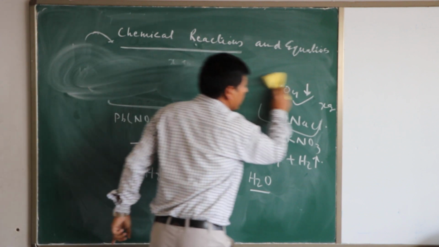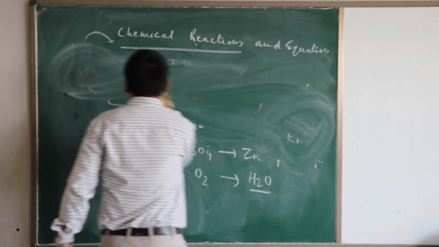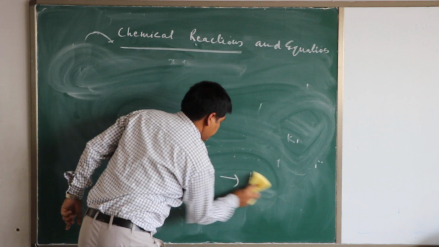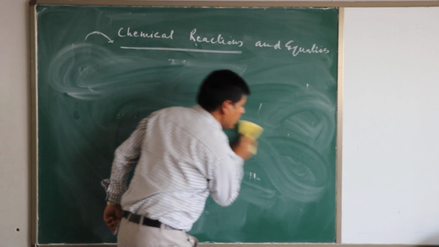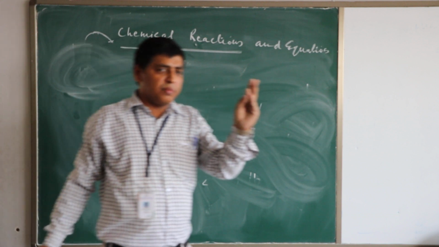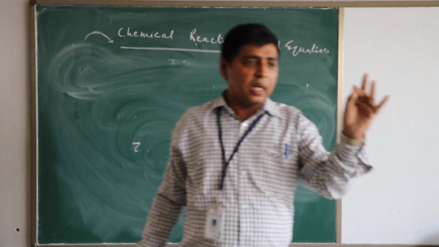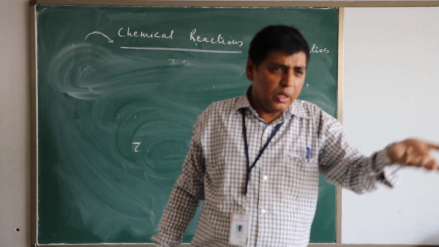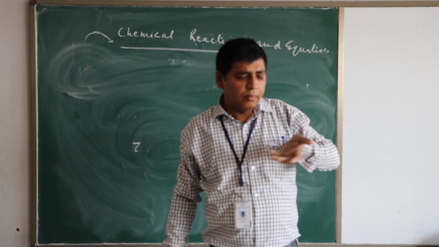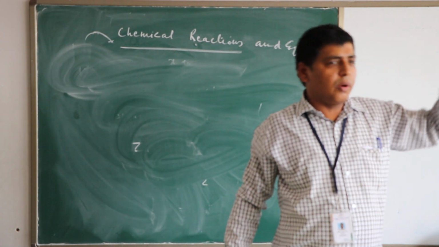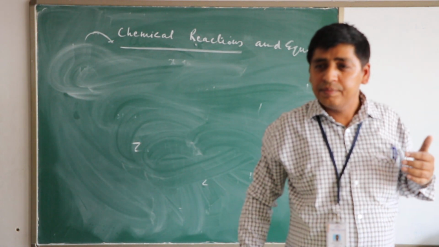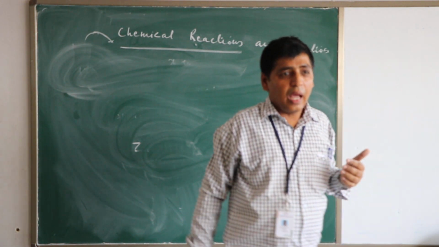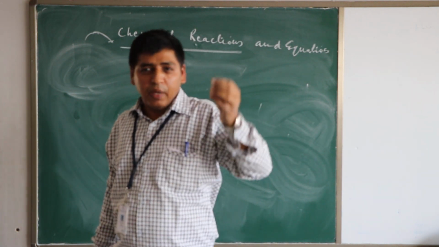So here you have learned what the features are for a chemical reaction to take place. Can you figure it out? Change in temperature, change in physical state, change in color, evolution of gas, even change in odor also. In summer, if you leave a food item outside for some hours, it will stink, and its taste and smell will also change.